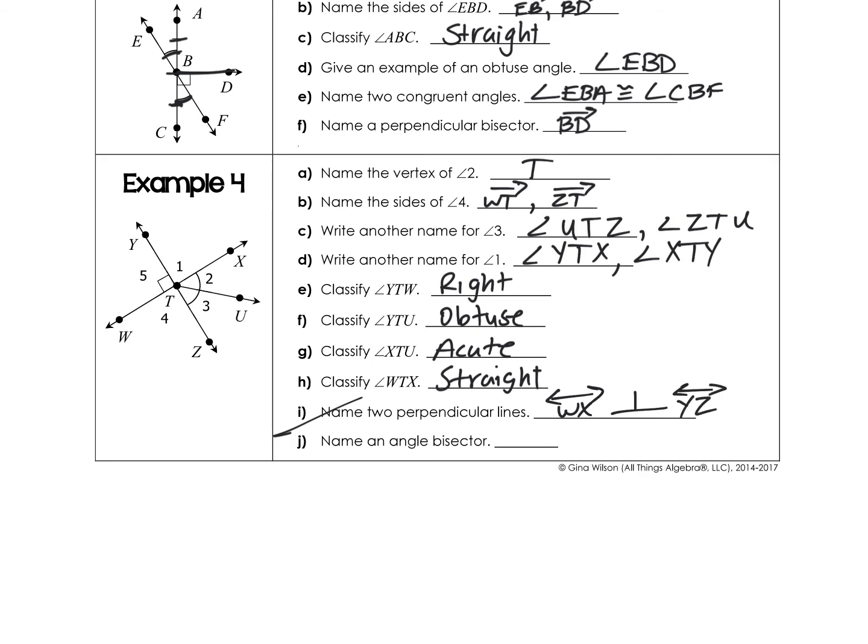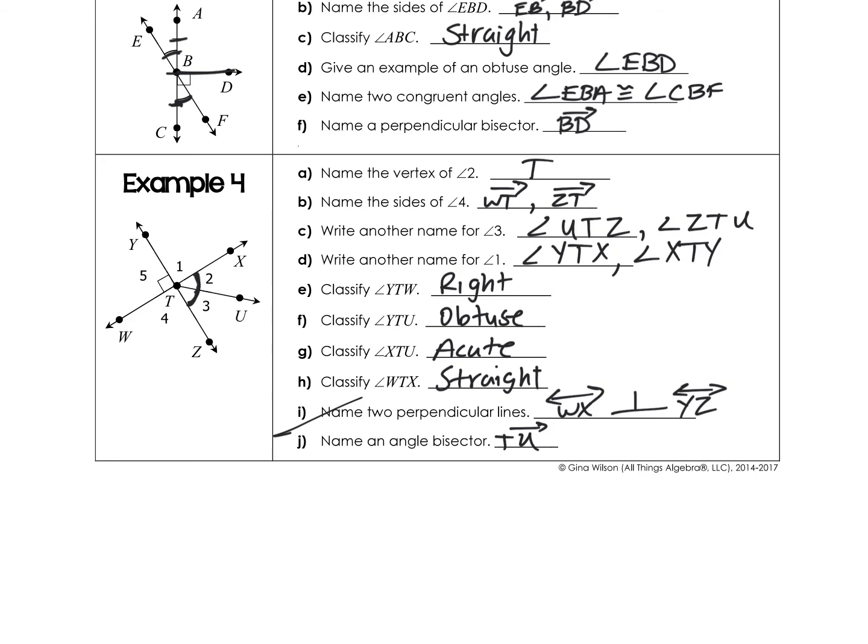And then name an angle bisector. That's going to be ray TU. And it bisects angle XTZ. And I can tell because it had those little arcs in the angles near the vertex, and that shows that those two angles are congruent. And that is how I knew that was an angle bisector.